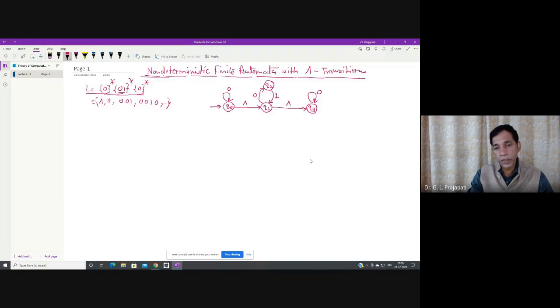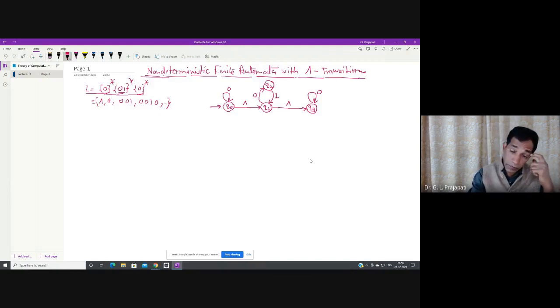Once the machine is at the state Q1, then the machine also has the choice whether it can read the input or whether it can transit to the state Q3. And for transiting from Q1 to Q3, it is not required to consume the input, because you have the null transition. So by following this null transition, the machine can transit without consuming any input.